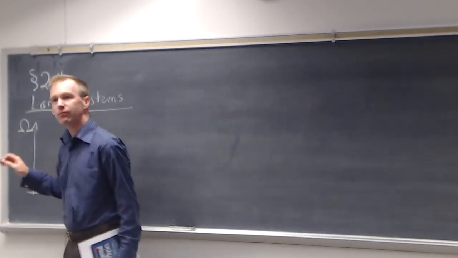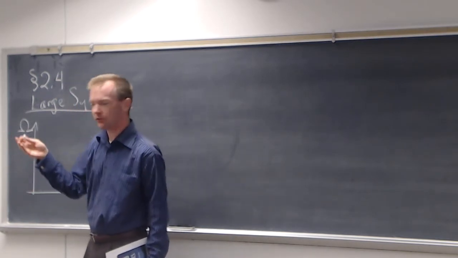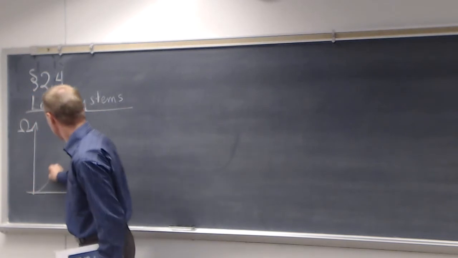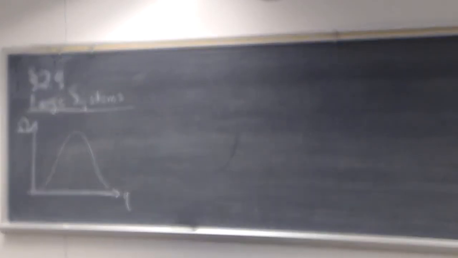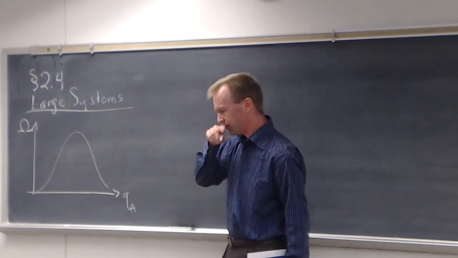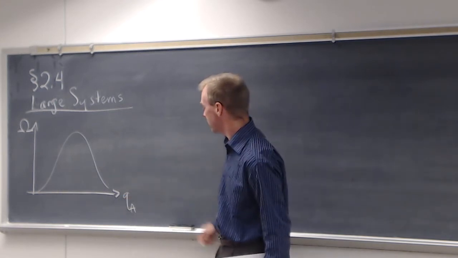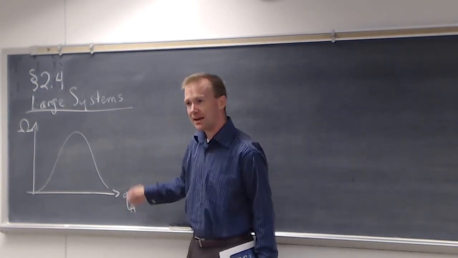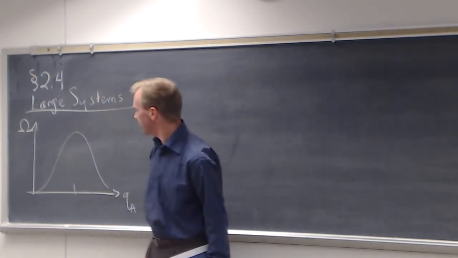The multiplicity, if we've got a very small number of oscillators, let's say we're dealing with an Einstein solid, has a peak. Let's say we have the quanta of energy, the number of units of energy by system A, if it's exchanging it with B, and there will be some peak right around here.